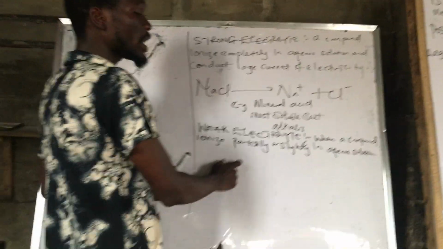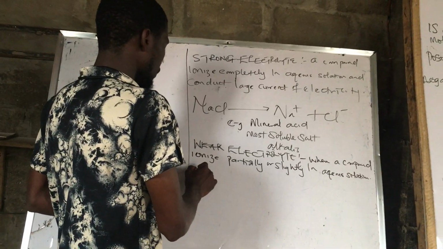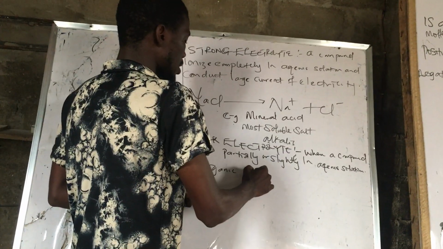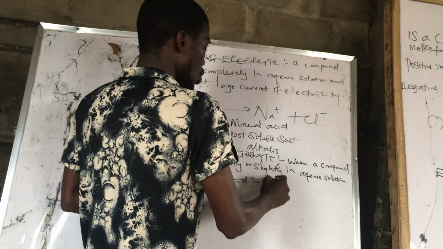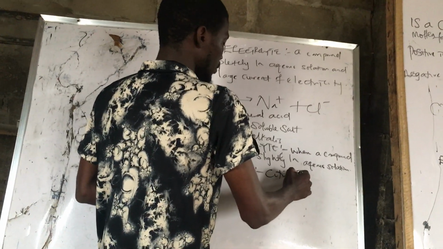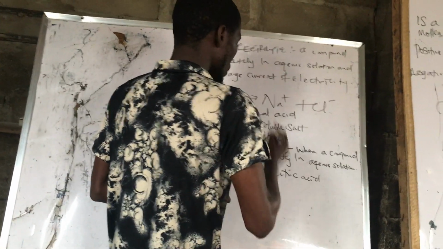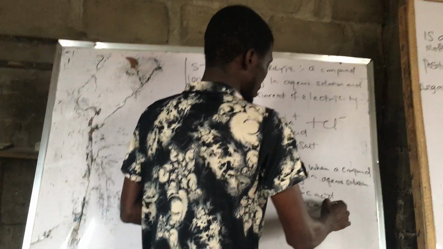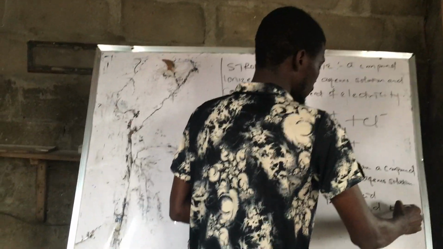So examples of this, we have organic acids. So we have citric acid, then we have lactic acid, and more.